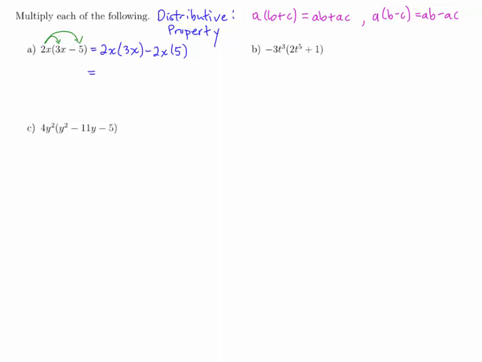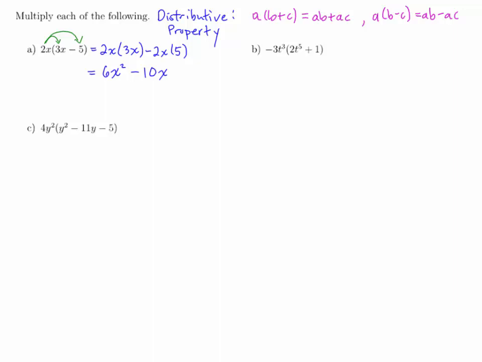So what we're looking at is 2x times 3x. We have 2 times x times 3 times x. That's simply 6 when we multiply 2 times 3, x squared, which we get when we multiply x times x. And then we're subtracting 2x times 5, which is 2 times x times 5. So we're subtracting 10x. So once we've multiplied those and simplified, we get 6x squared minus 10x.